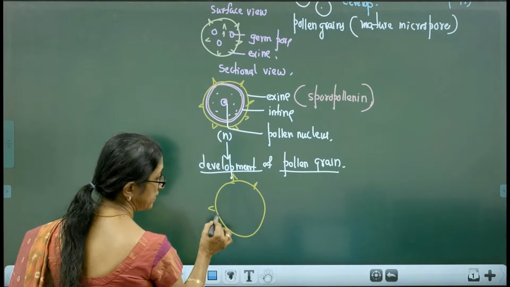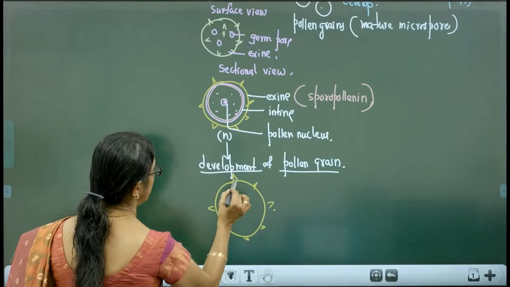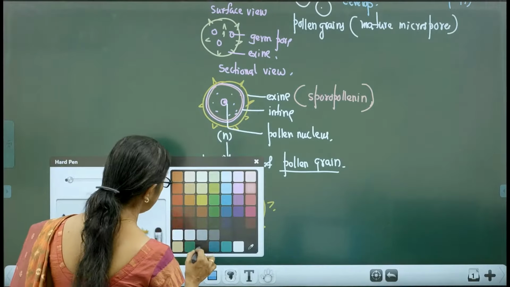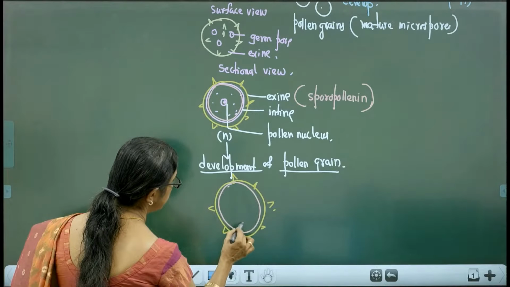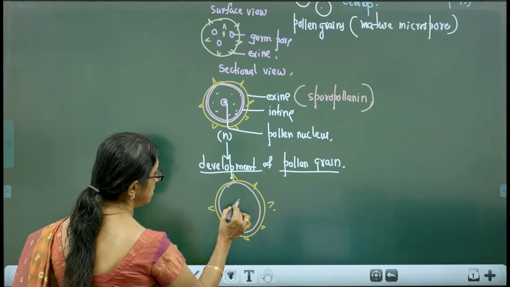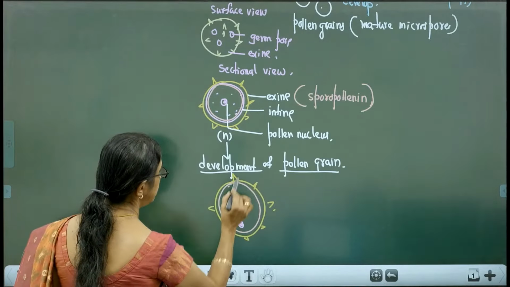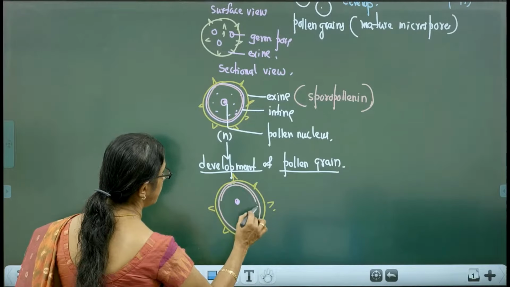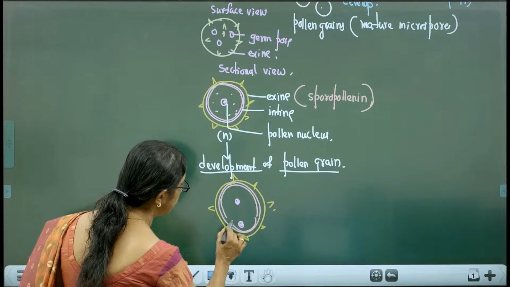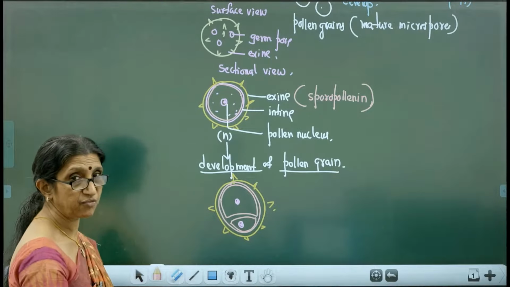This is explained with the sculpturing patterns. This is the intine. Now the nucleus gets shifted here, then it divides mitotically. The second nucleus gets shifted here, and this is followed by the plasma membrane like this. Now the plasma membrane will break here and grow over one of the nuclei.